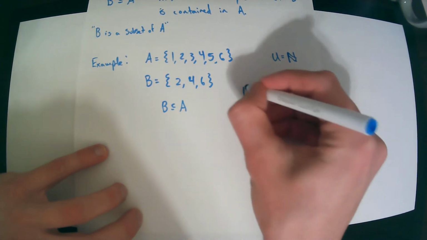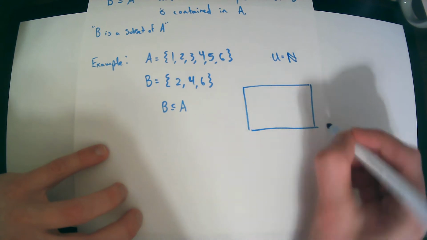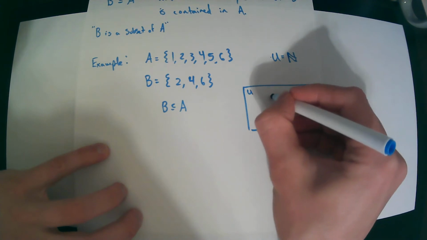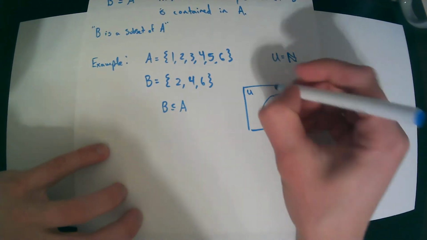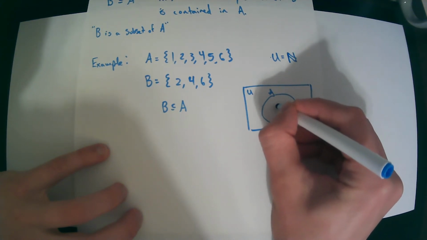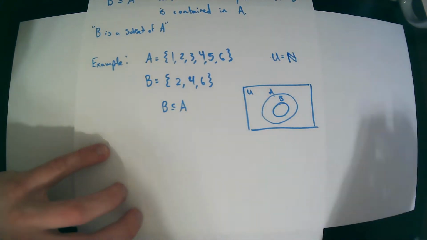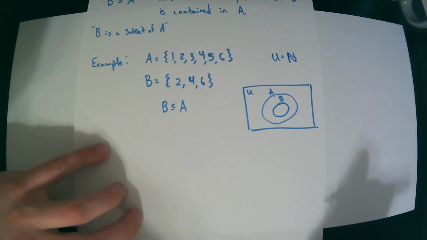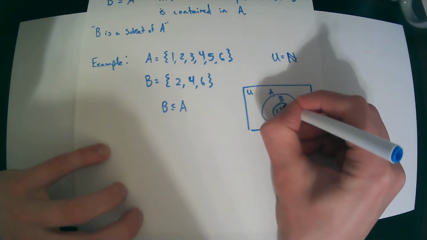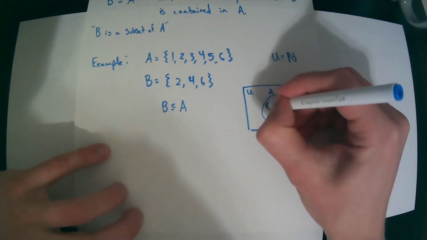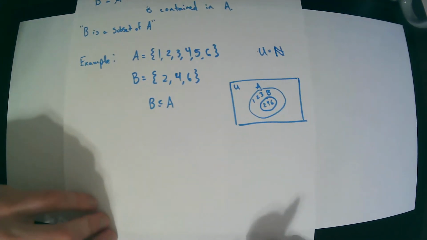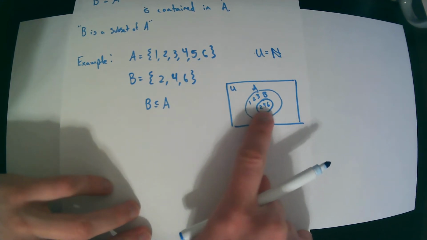So if I drew a picture of this situation between A and B, A is there, that's 1 through 6, and then B is inside of it, completely encased inside of A. So the 2, 4, 6 is all the way in here, and then the 1, 3, 5 is out here.